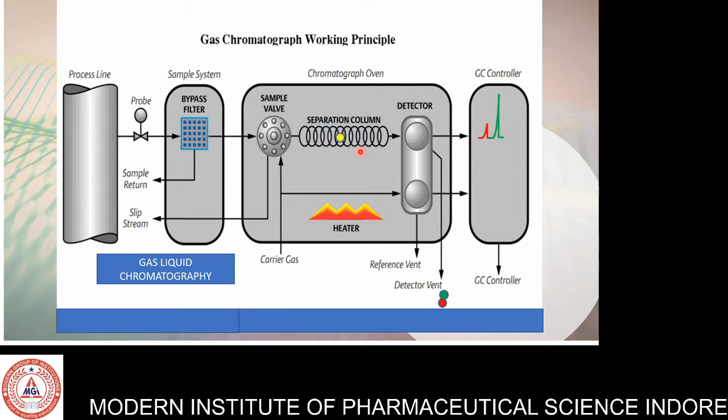Next, detectors are used in the gas chromatographic system. The main function of a detector is to convert radiation signals into electric signals, and in gas chromatography, detectors sense the arrival of separated components and provide a signal to the recorder. These are either concentration dependent or mass dependent.